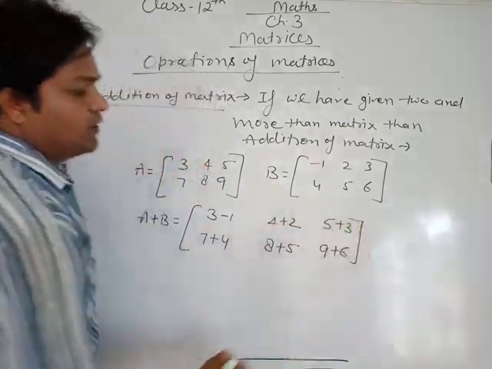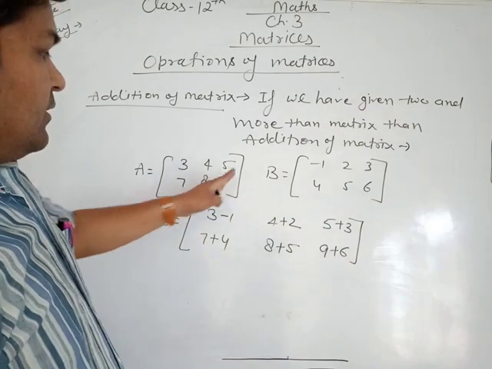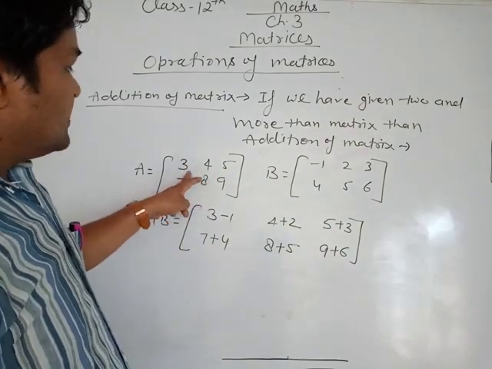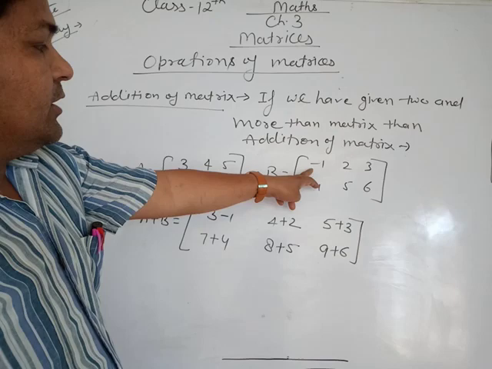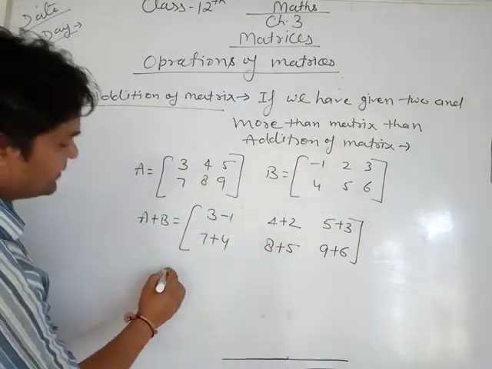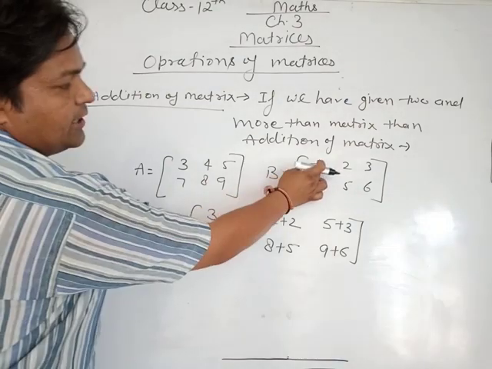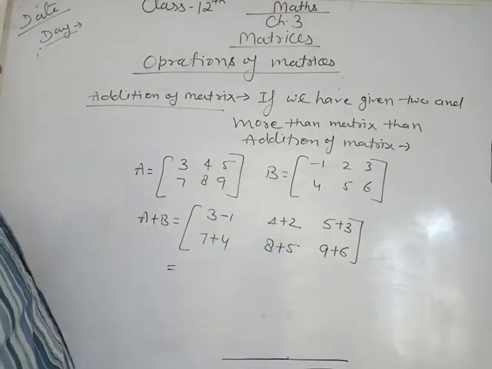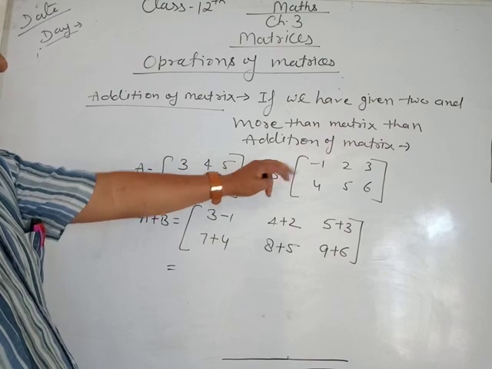These are the corresponding elements, because the first element of one matrix is added to the corresponding element of the second matrix. Here -1 because the sign of the first element of matrix B is negative.